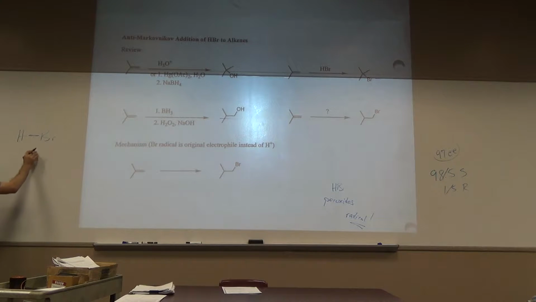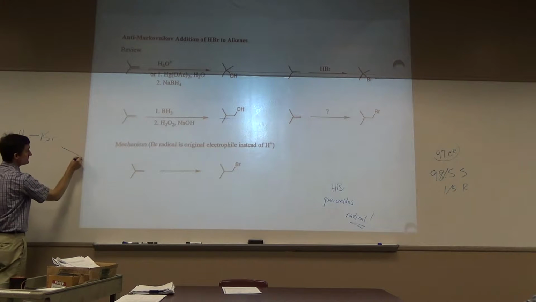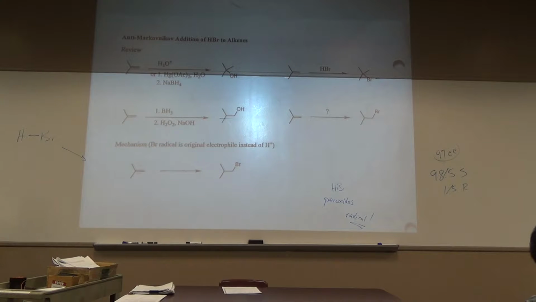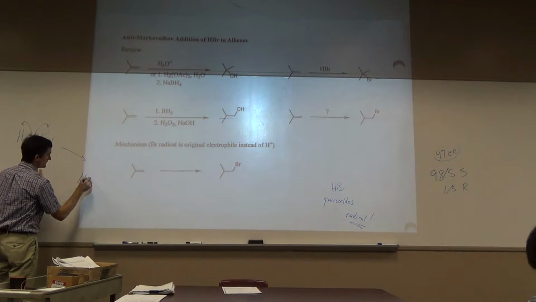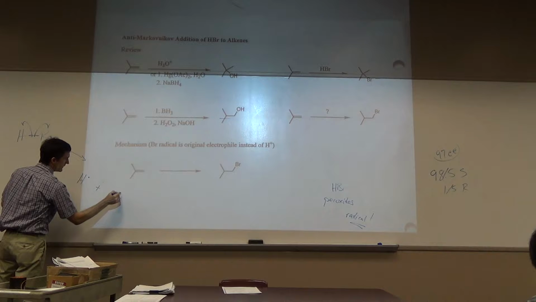I think it's okay to show this bond cleavage, although this may not exactly be right. Bond cleavage: what is that going to give? One electron this way, one electron this way. That's going to give H radical plus Br radical.